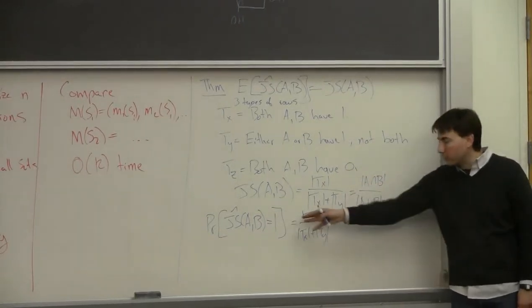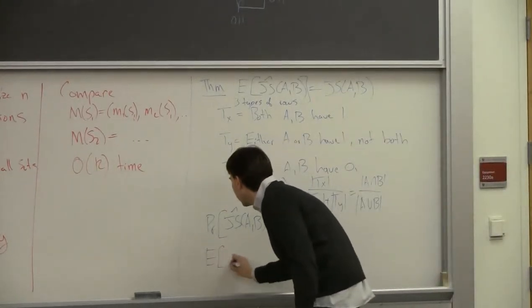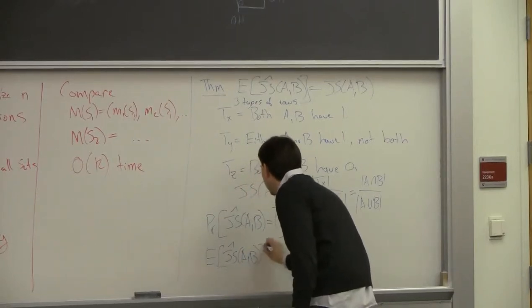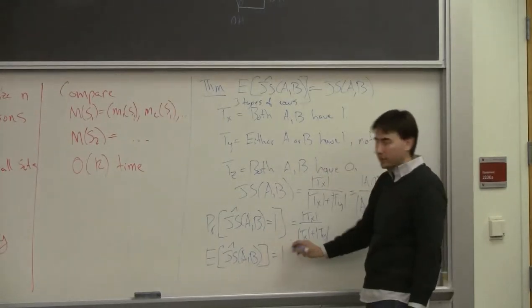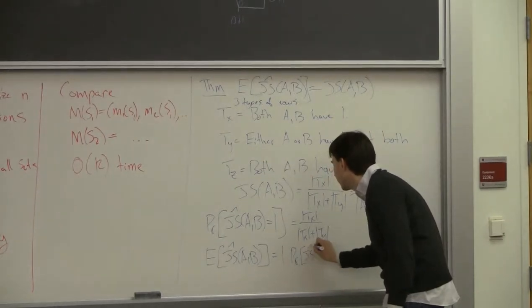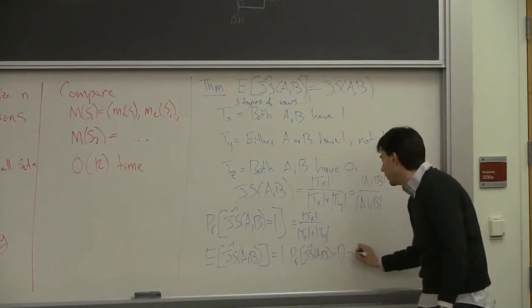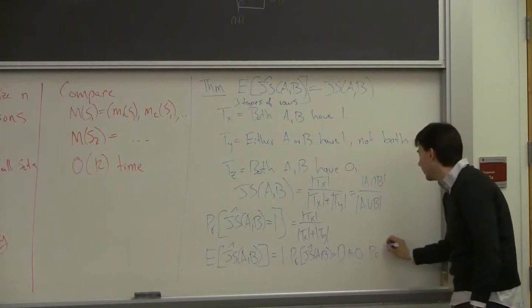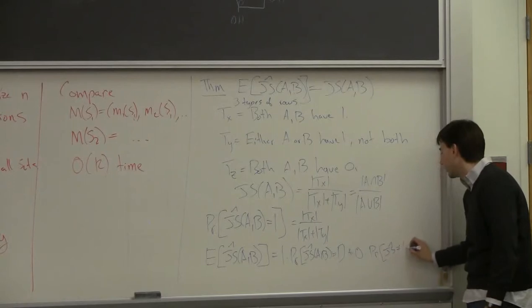And so this is exactly the Jaccard similarity. So then the probability of 1 is the expected value, right? The expected value of this is equal to 1, which is the value it gets, times the probability that it equals 1, plus 0 times the probability that it's not equal to 1.